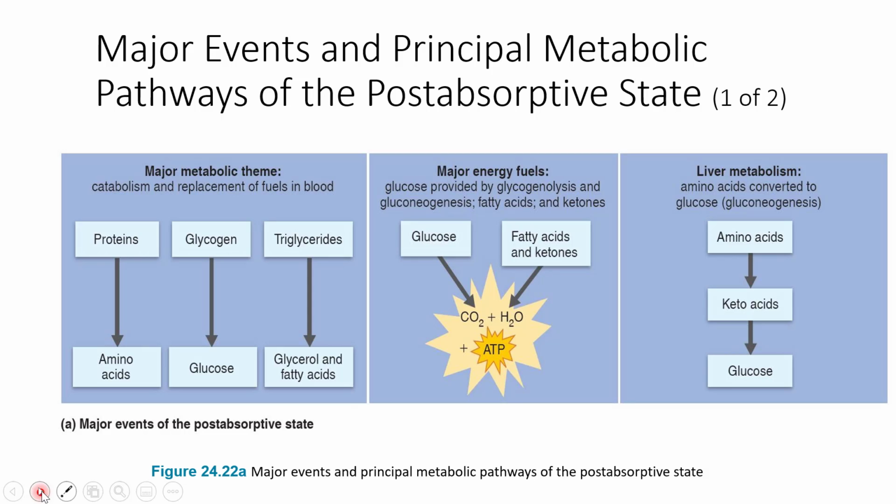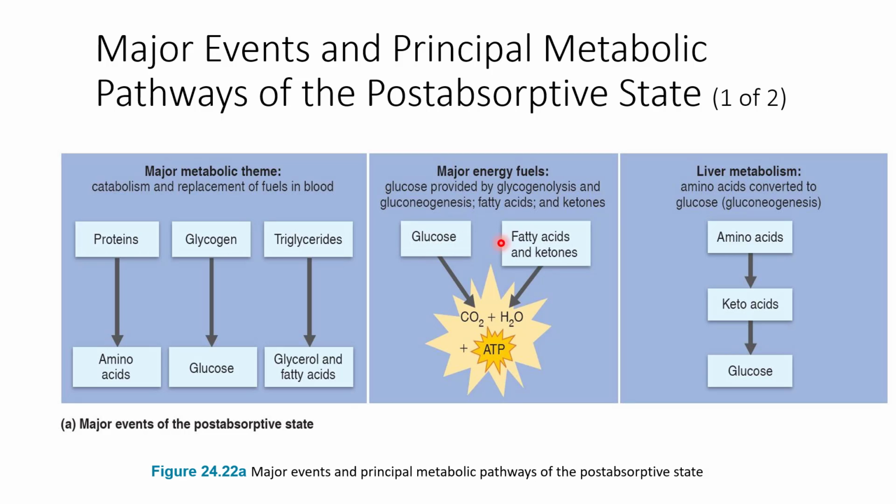And so here are the major events and principal metabolic pathways in the post-absorptive state. Proteins are actually broken down, so it's all breakdown of major macromolecules that you have eaten or we have built anabolically into their simplest form. The proteins into amino acids, glycogen into glucose, triglycerides into glycerol and fatty acid.